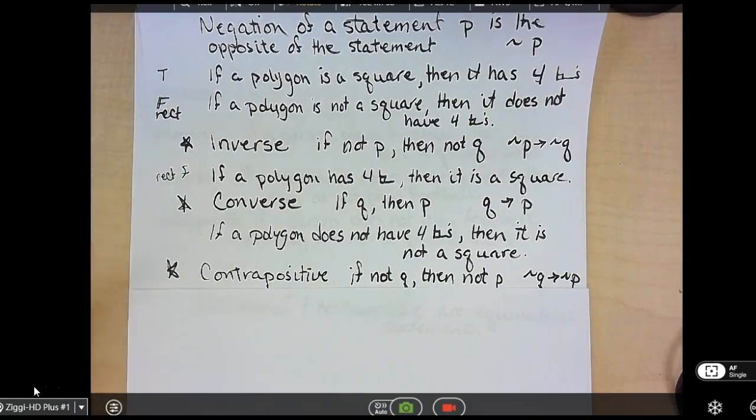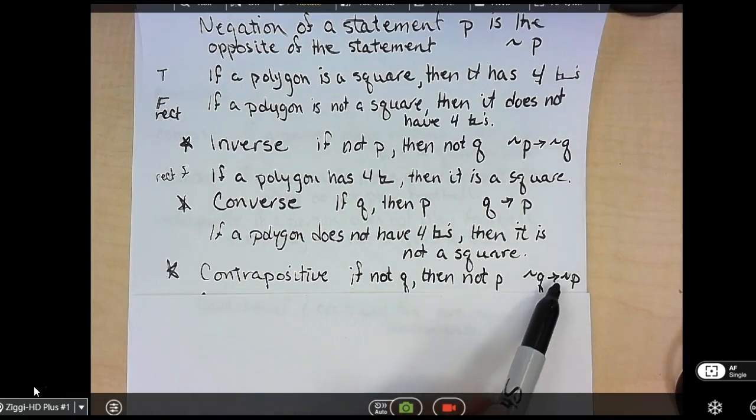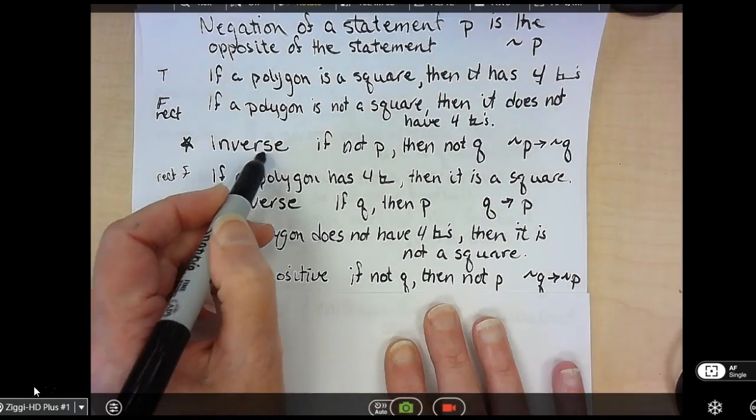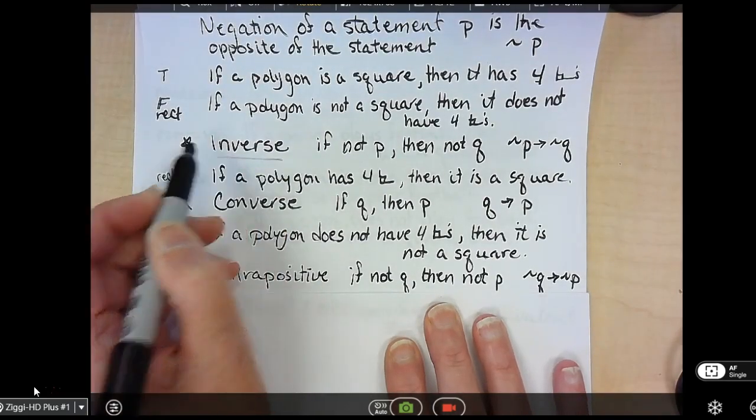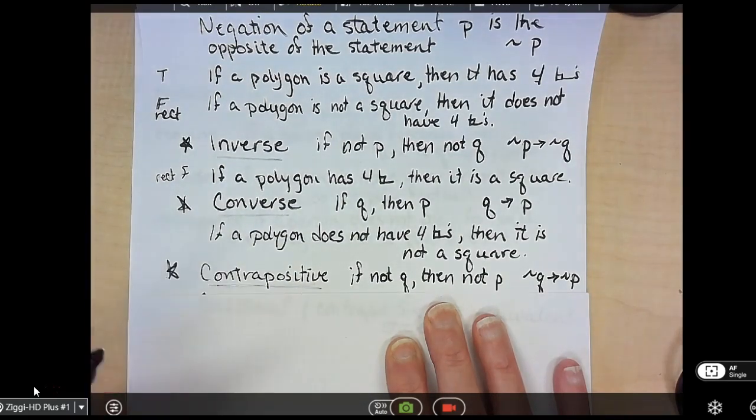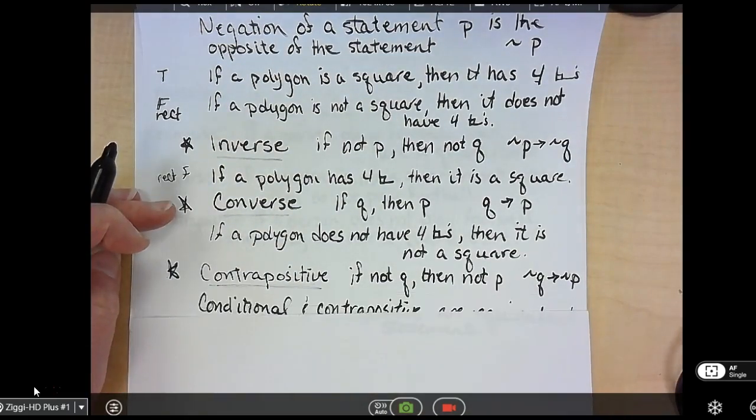So a contrapositive, if not Q, then not P. So you always start with your original statement, and then we can do our inverse, converse, contrapositive. So those are the 3 types.